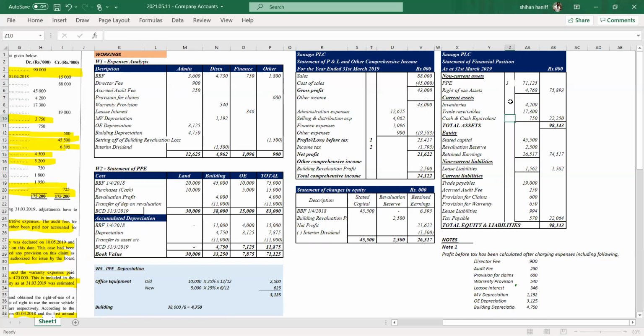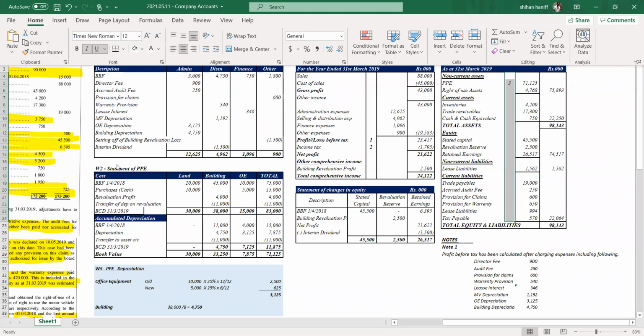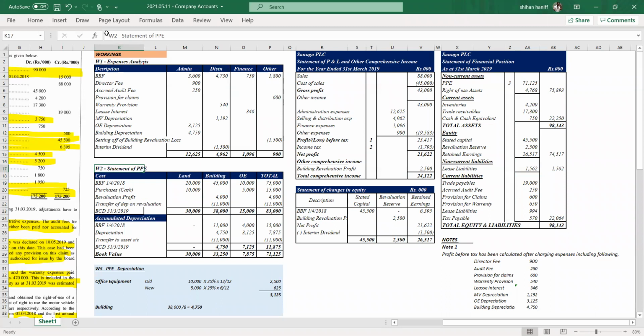You can give PPE also, note number 3. You can also write that.